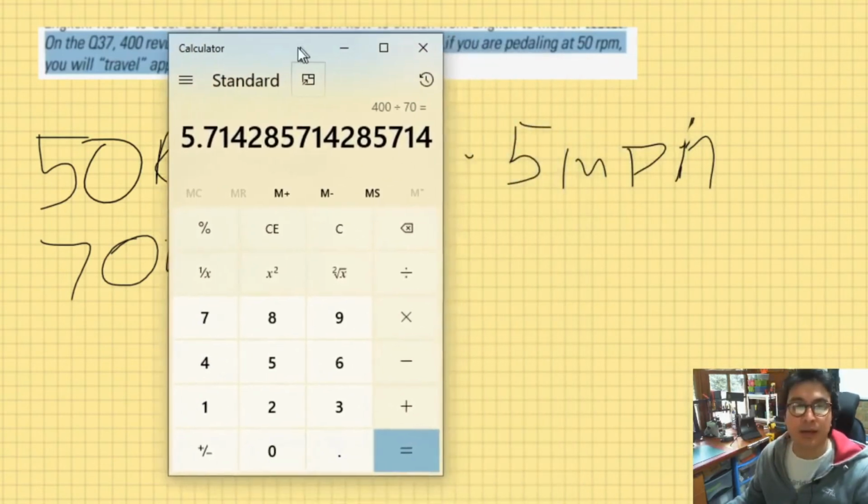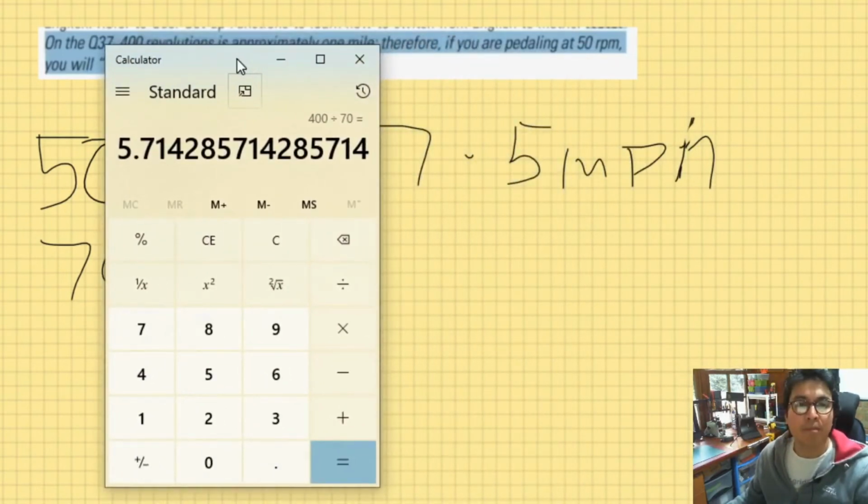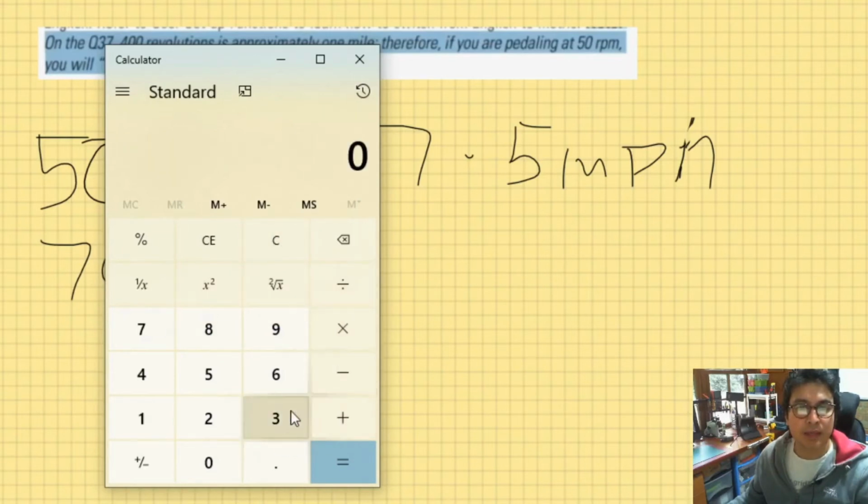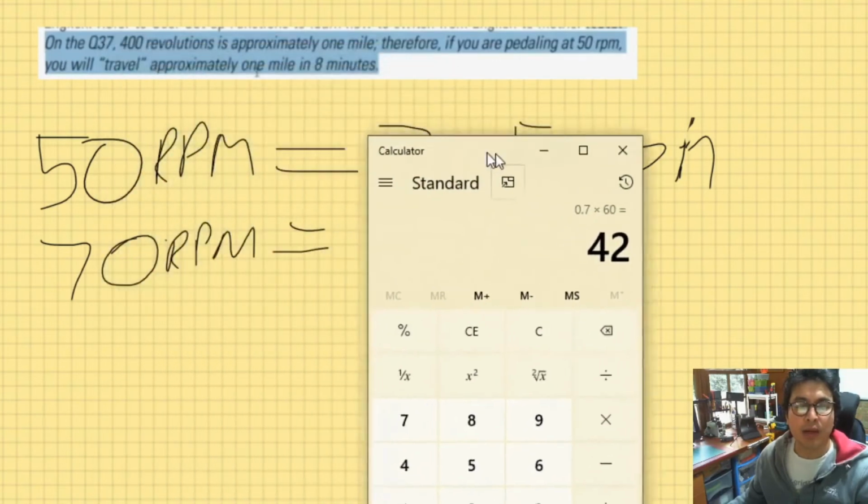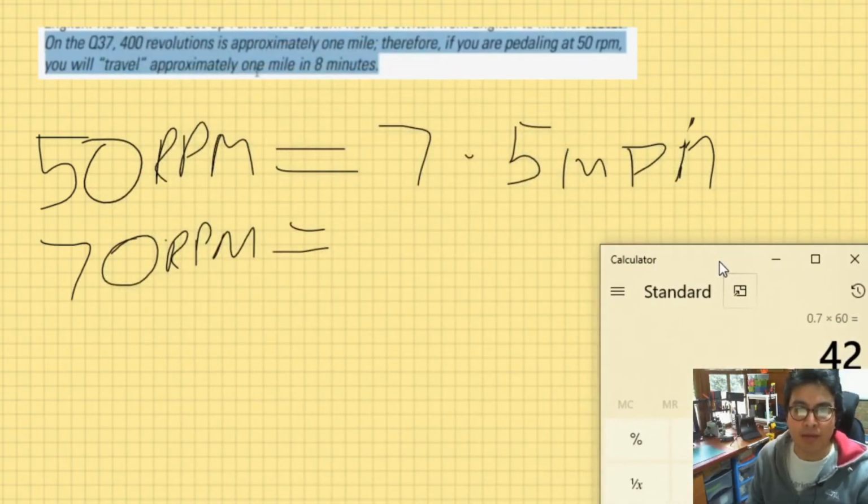Hopefully you can see that, but that's in decimal, so we need to convert the 0.7 into minutes, and the way we do that is simply times 0.7 by 60, which gives us 42. So that will make 5.42 minutes.